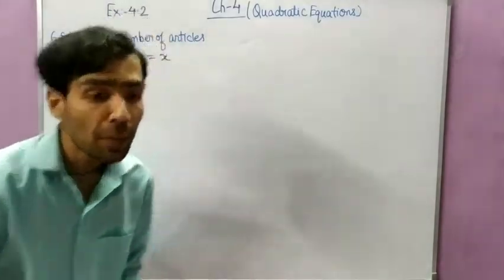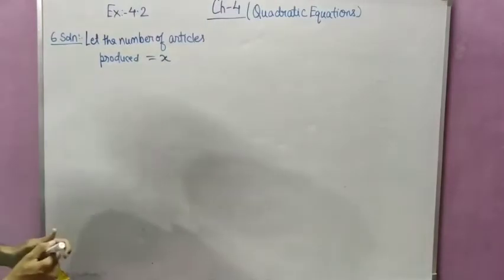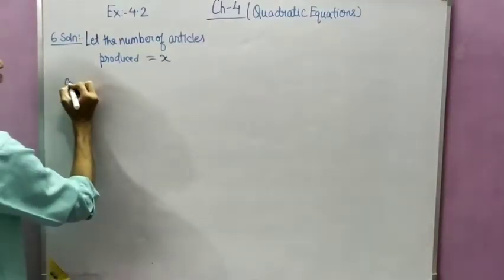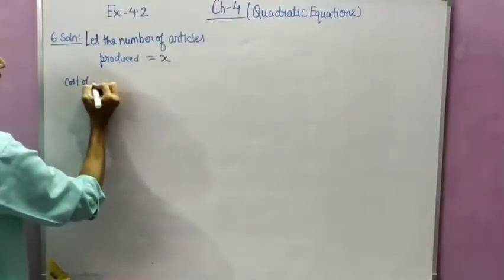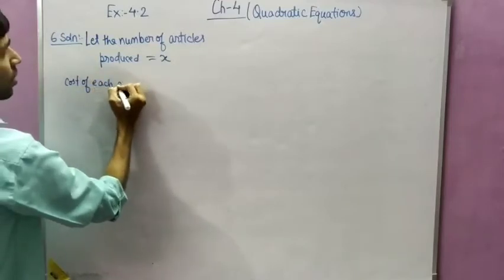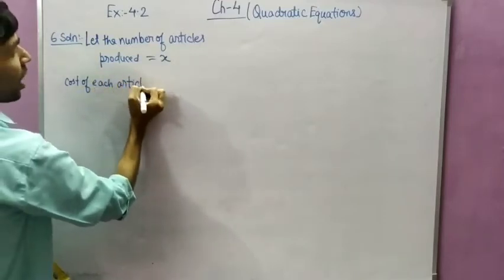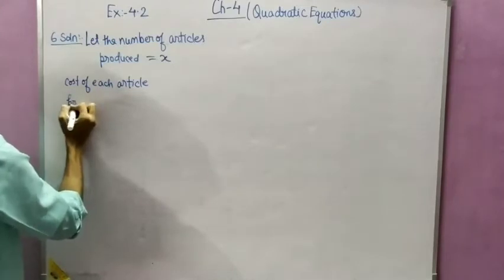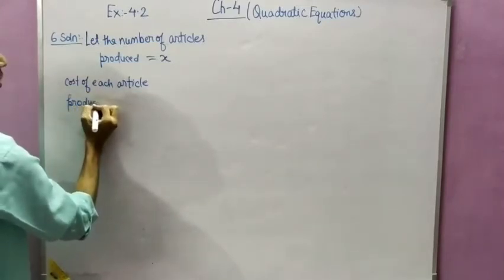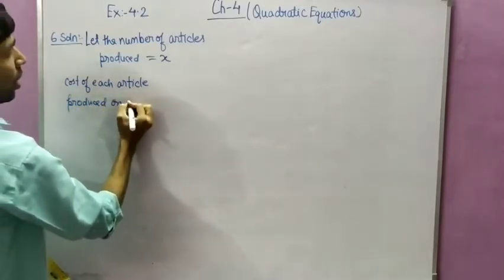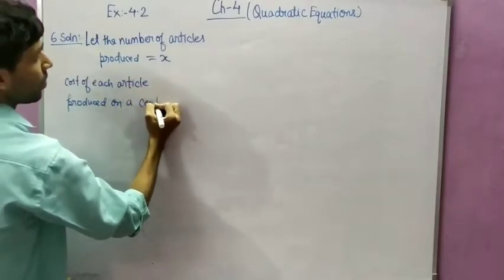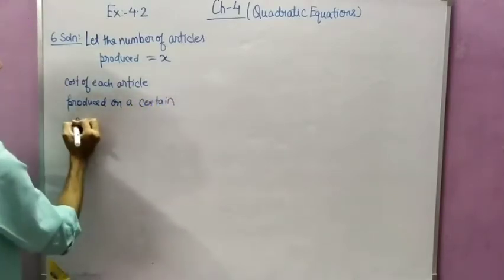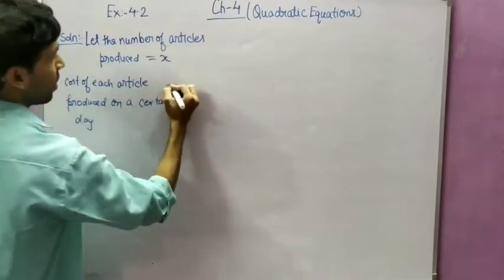Okay, so what will be the cost of each article? So the cost of each article produced on a certain day, suppose it is y.